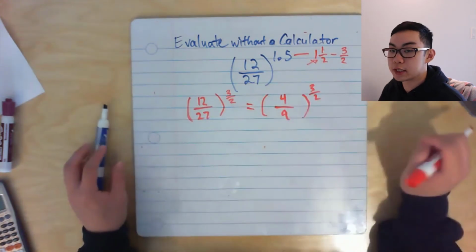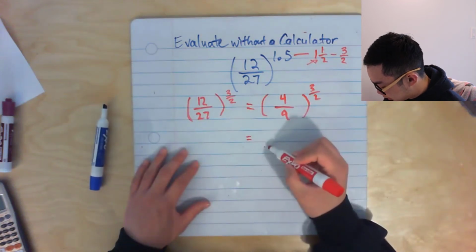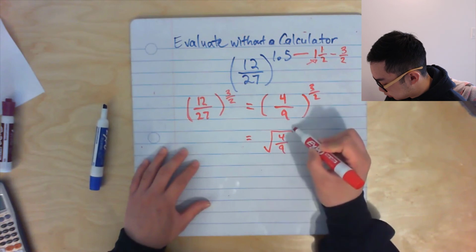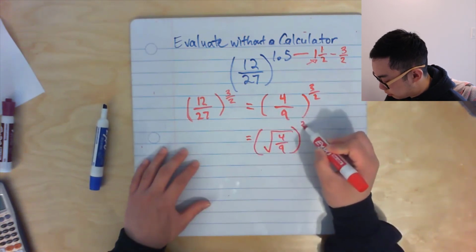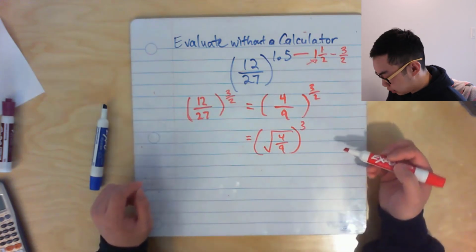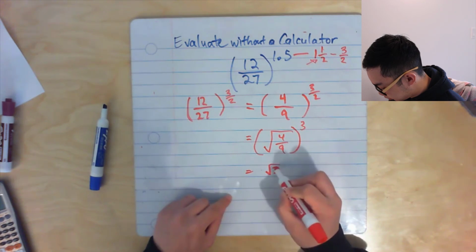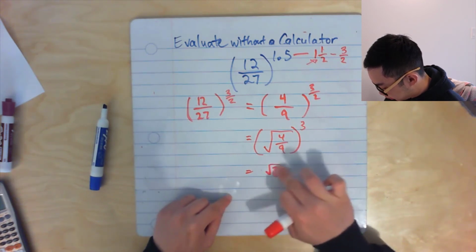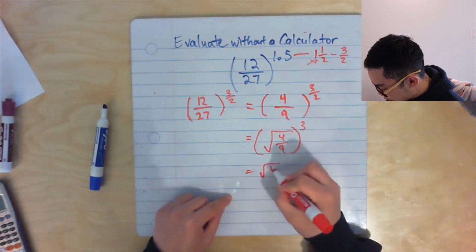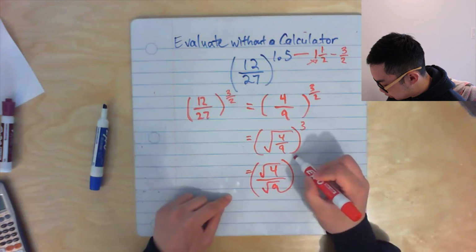That's a square and that's a square. So I'm going to rewrite this question as taking the square root of 4/9 and then raising that to the 3rd power. And so doing this, I have the square root of 4 over the square root of 9, and I'm raising all of this to the power of 3.